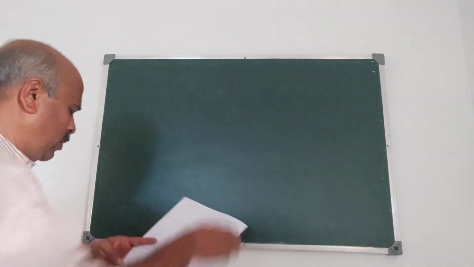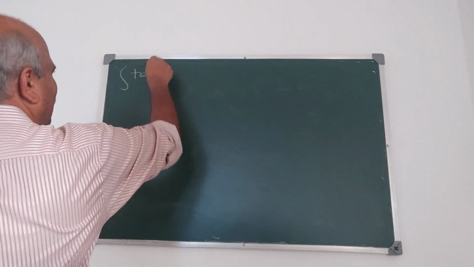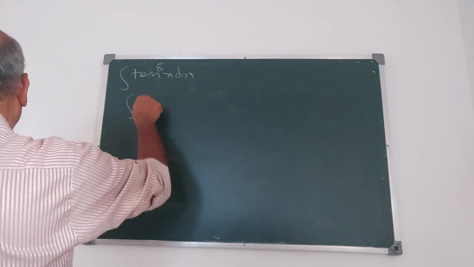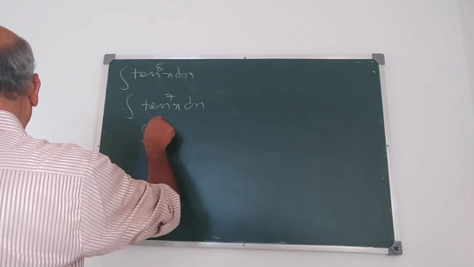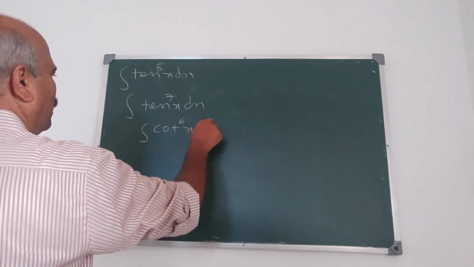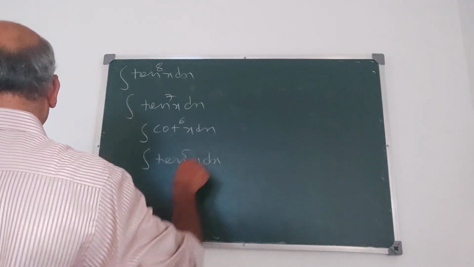These are problems you can easily solve. Evaluate tan x raised to 8, tan x raised to 7, cot x raised to 6 and tan x raised to 5 with respect to x.